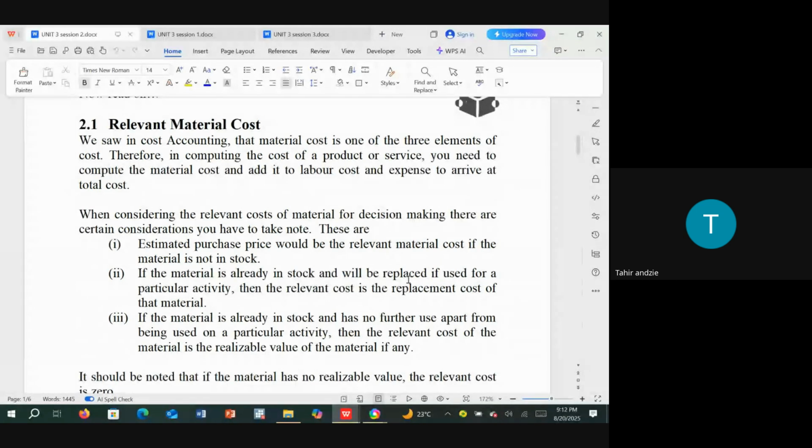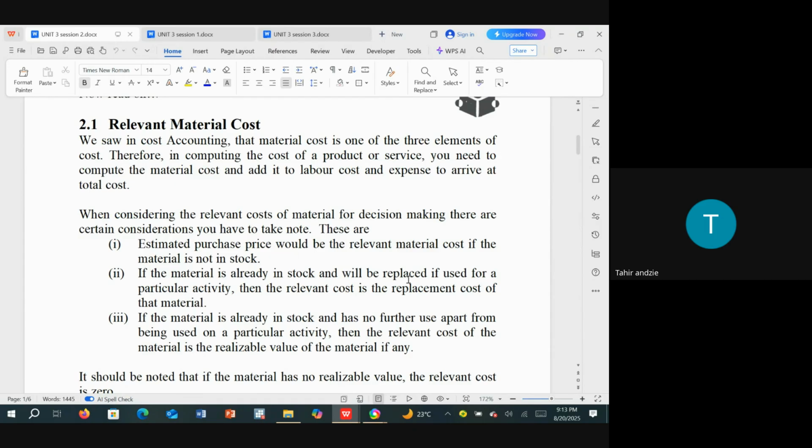There are a few concepts you must put in place, or a few conditions that you must understand, to be able to determine which material costs are relevant. We saw in cost and management accounting that material cost is one of the 3 elements of cost.